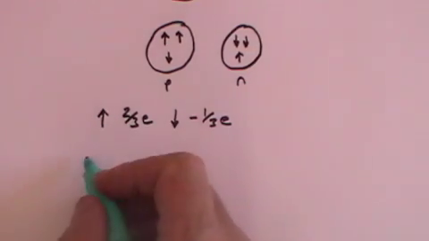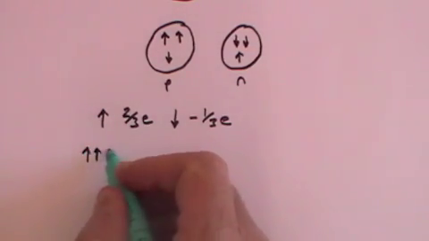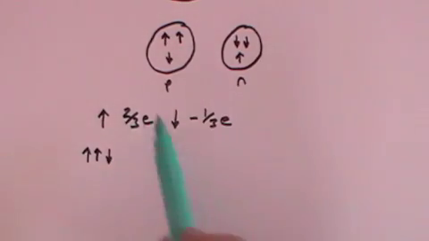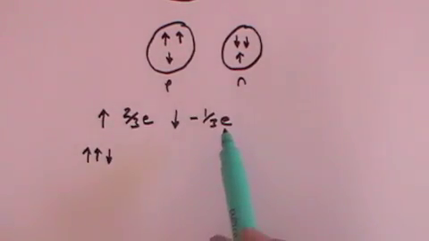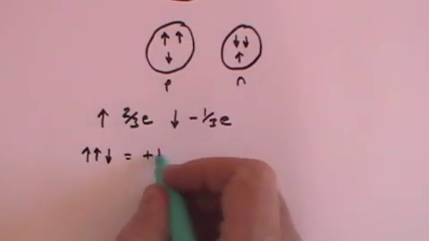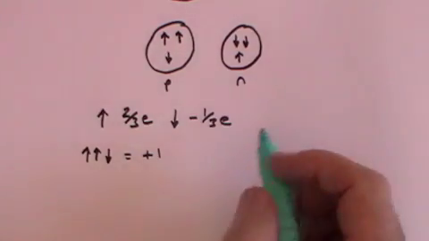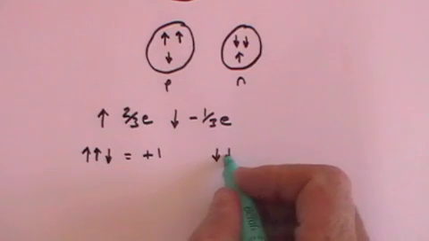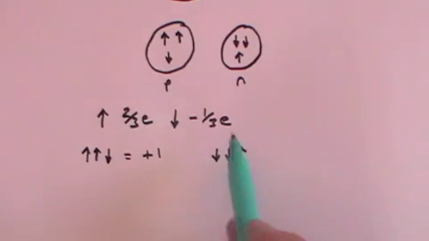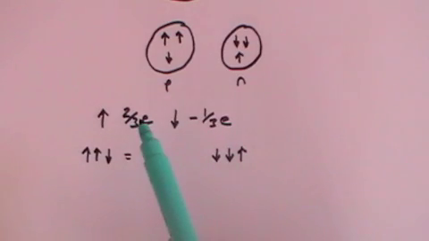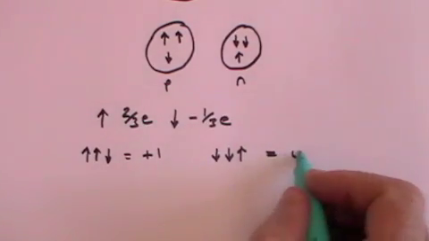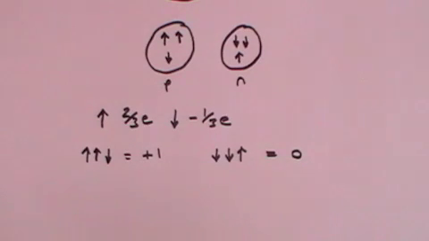And consequently, you can see that if you have 2 ups and a down, which is a proton, that will be 2 times 2/3 minus a third, which gives you +1. So that is why the proton has a charge of +1, whereas for a neutron, 2 downs and an up, 2 lots of minus a third plus 2/3 is 0. And that is why a neutron has no charge.